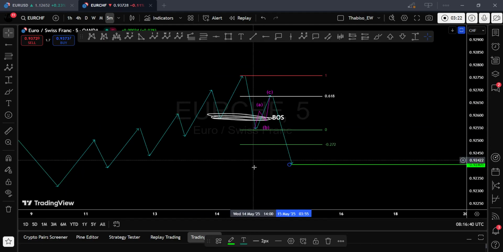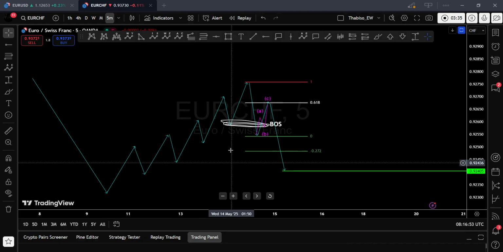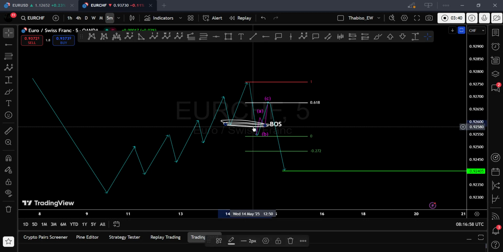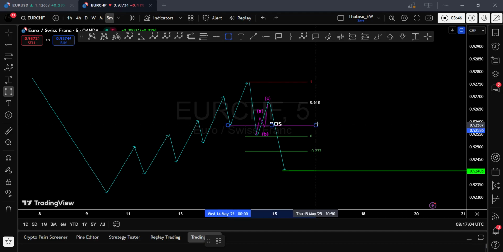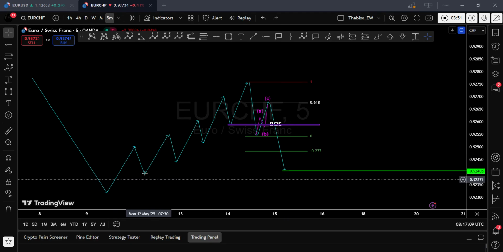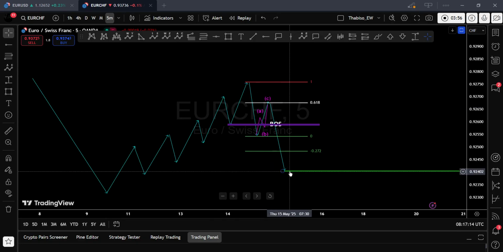So that is how we determine break of structure, and that's how we call it BOS. Usually on our chart, you will see a purple line. It represents that you've interrupted this sequence of high, high, high, low, high, high, high, low. And once you've interrupted it, you have a potential of turning around.